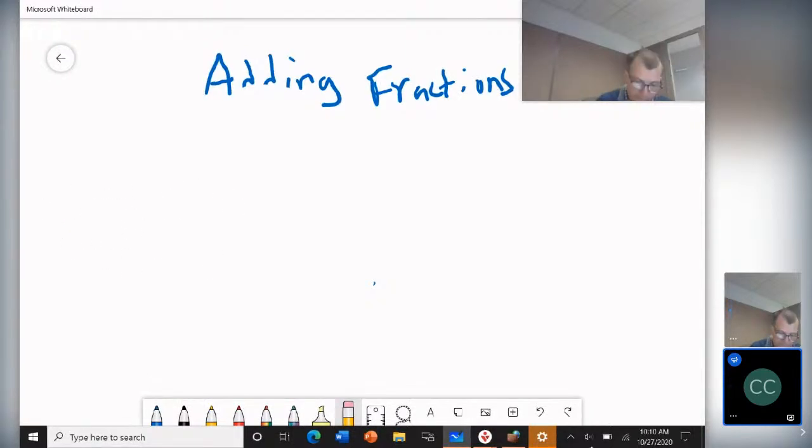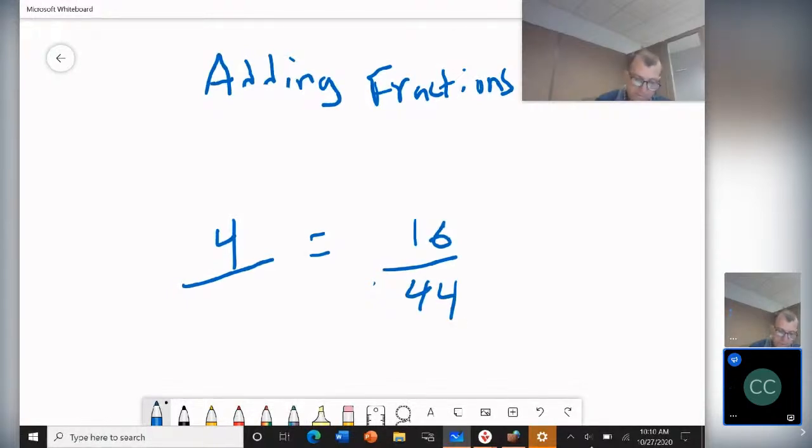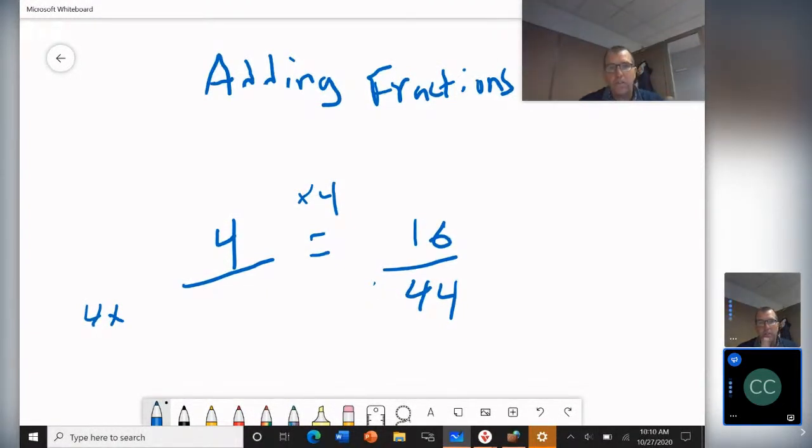If we have 4 over a blank number equals 16 over 44. 4 times 4 is 16. And over here, 4 times what equals 44? If you're looking at a multiplication chart, you go to 4 and just over that column, that's going to be 11.